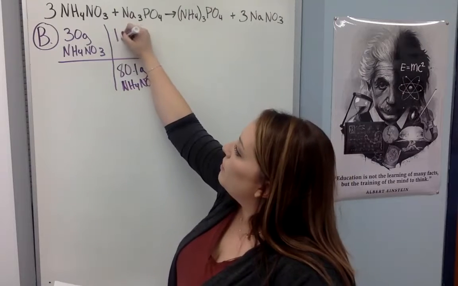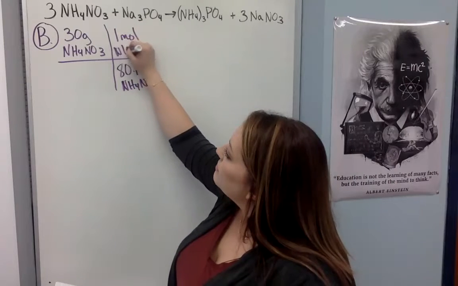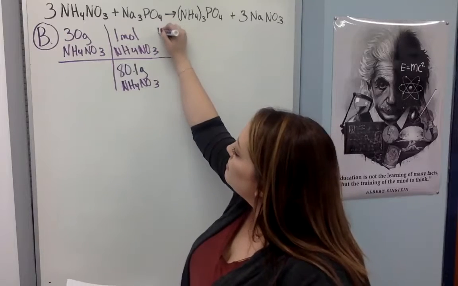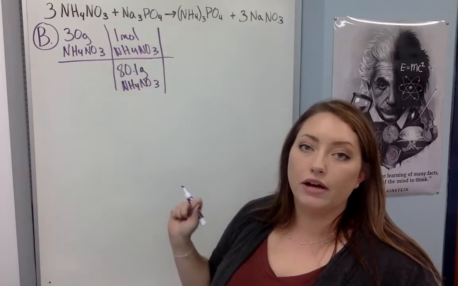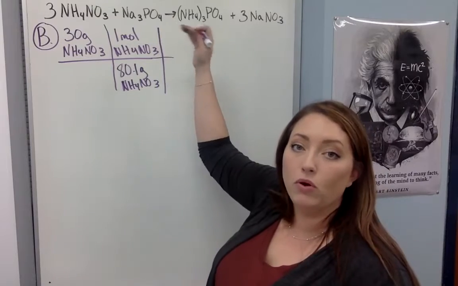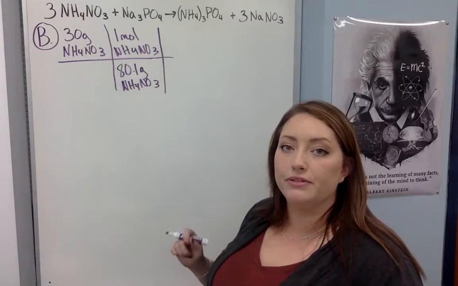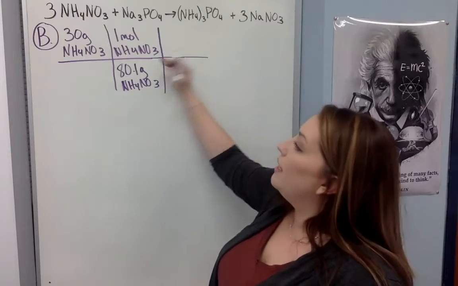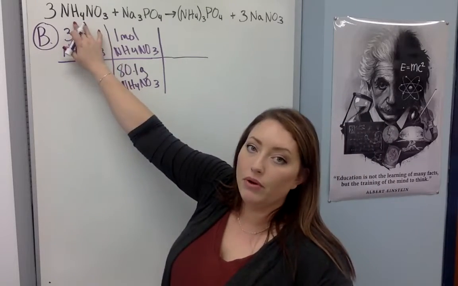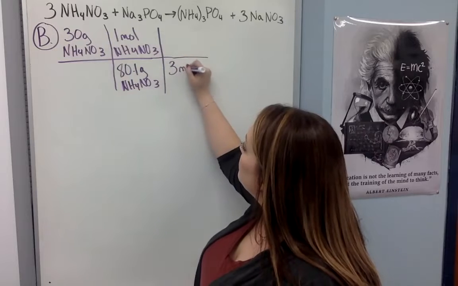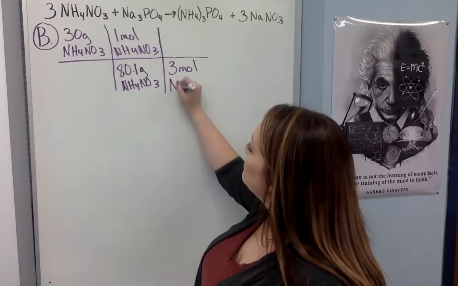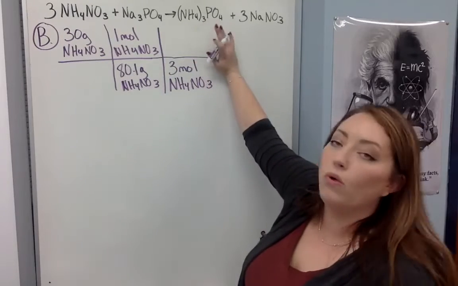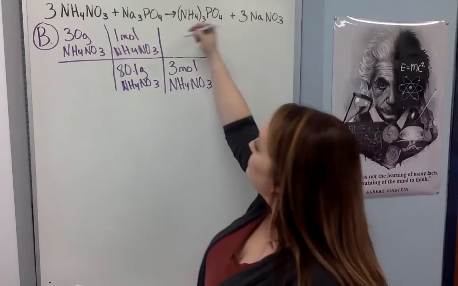We know that's equal to 1 mole. Now's our opportunity that since we're in moles, we can use the mole ratios to convert it into our other product. So again, we have 3 moles of the ammonium nitrate, and we have 1 mole of the ammonium phosphate.